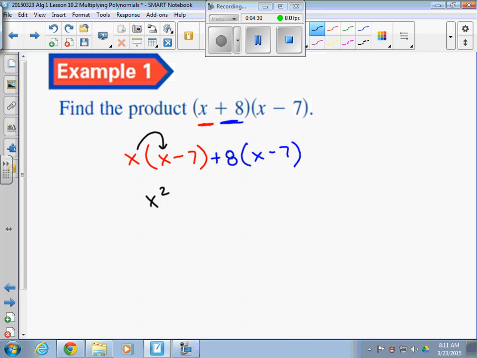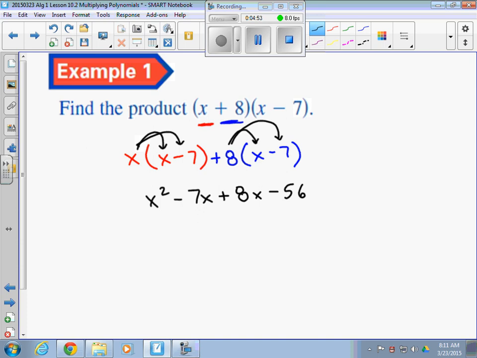You add the exponents 1 and 1. x times -7 is -7x. 8 times x is going to be a positive 8x. And 8 times -7 is -56 because a positive times a negative is a negative.